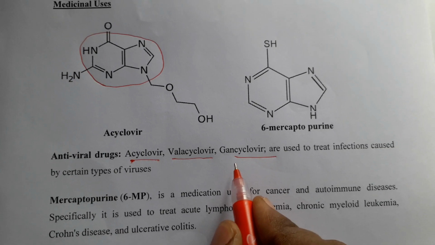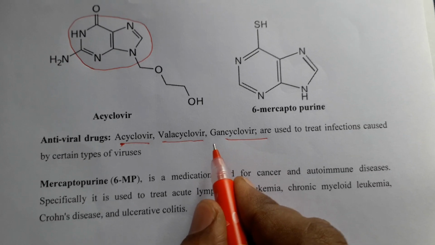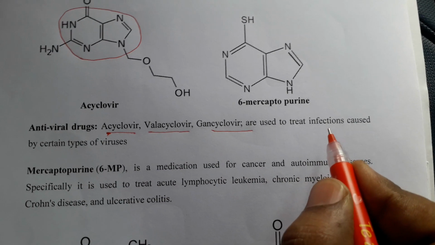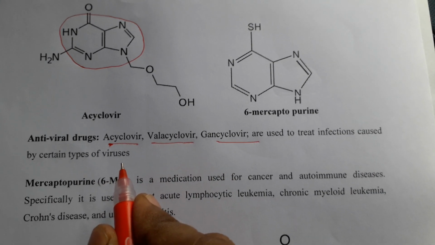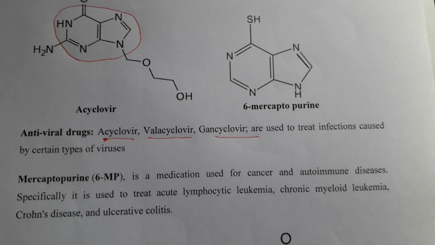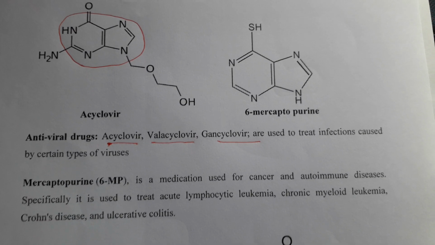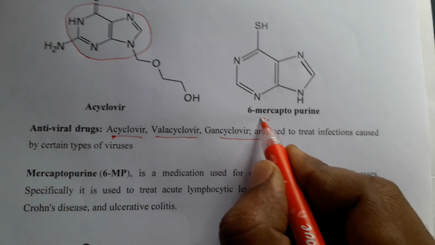All these compounds have the purine moiety in their structure and belong to the antiviral drugs used for the treatment of infections caused by certain types of viruses. Those are the uses of acyclovir, valcyclovir and ganciclovir.